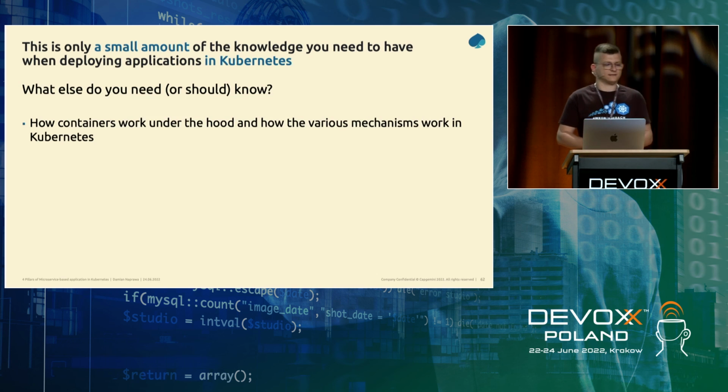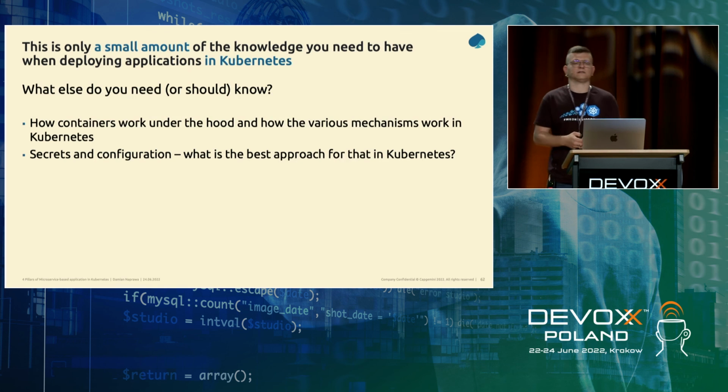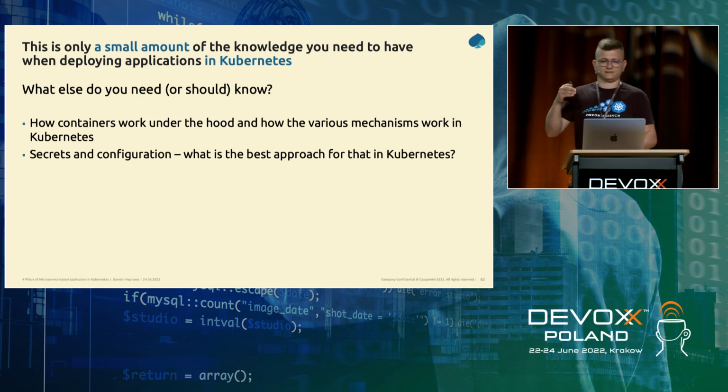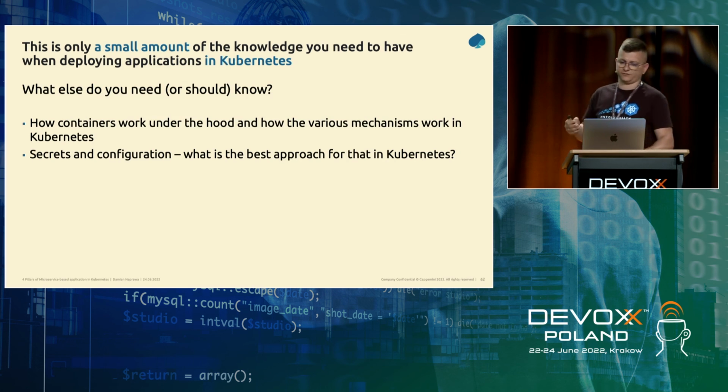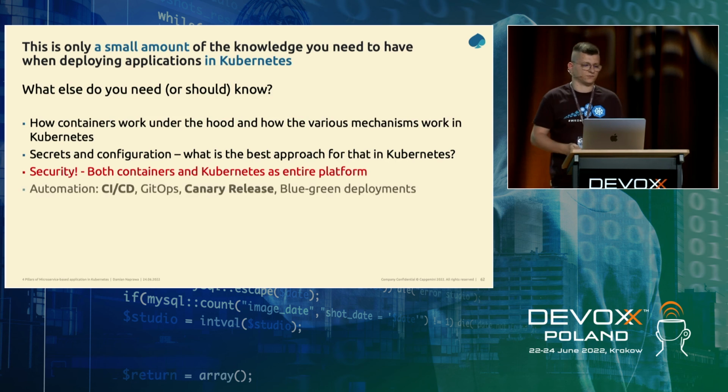The next thing is secrets and configuration, so how to store sensitive data in Kubernetes. I can tell you that the default mechanism, Kubernetes Secrets, is not the best approach, at least at this moment, because the secrets are not encrypted. Of course, security: we haven't covered anything about security because we don't have much time, both container security and security in Kubernetes as an entire platform.